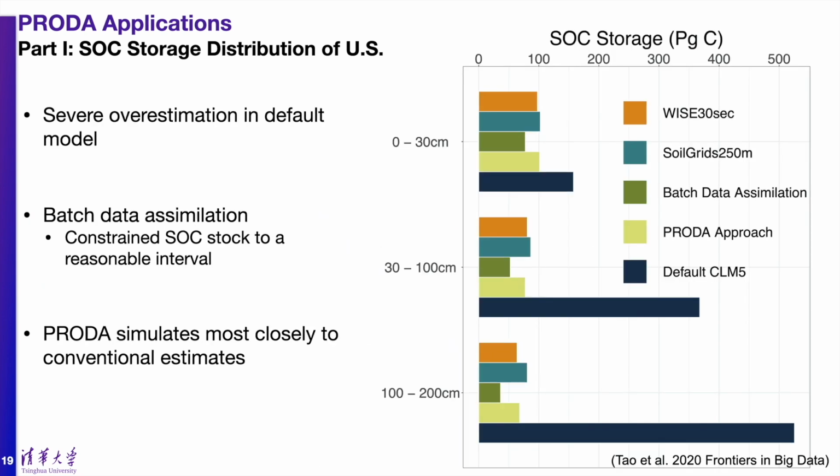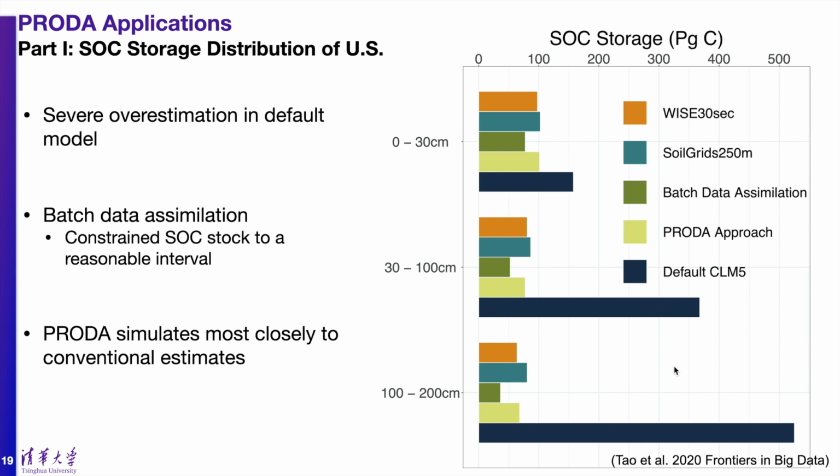If we look at the total soil organic carbon stock of the US continent, we can actually see that the default model severely overestimates soil organic carbon stock from the surface to the deeper soil layers.